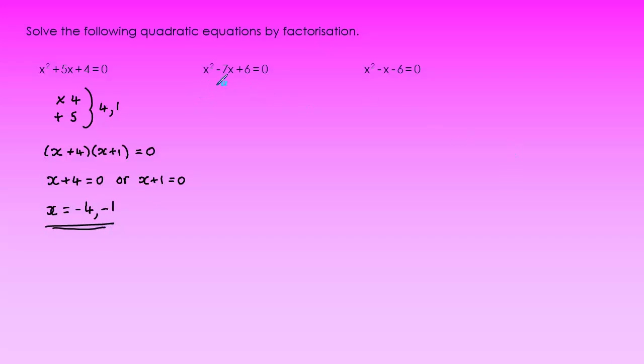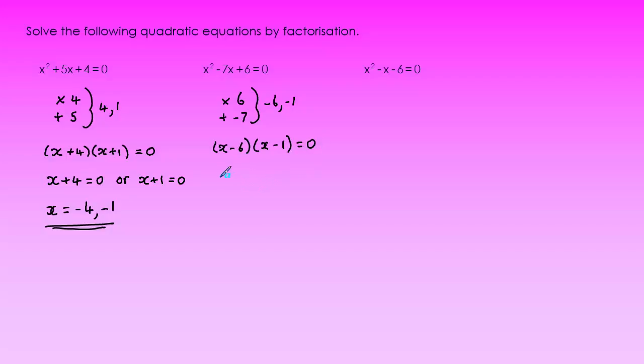So now we have x squared minus 7x plus 6 is 0. So we want numbers that multiply to give me 6 and add to give negative 7. Negative 6 and negative 1 would do that. So we have x minus 6, x minus 1 is equal to 0.